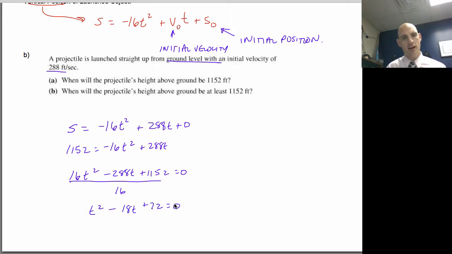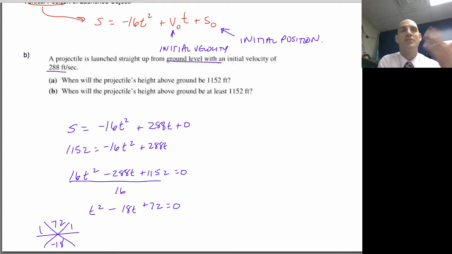How did I know to do that? I just tried it. I'd love to have a lead coefficient of 1. How easy does that make it to factor? All right, you're thinking, well, this doesn't look easy to factor at all, Mr. Sayers. What are you talking about? So, 72 up here, negative 18, I got 1. So what goes in? Well, I need two things that multiply to 72 and add to negative 18. If you don't know what multiplies to 72, start dividing.